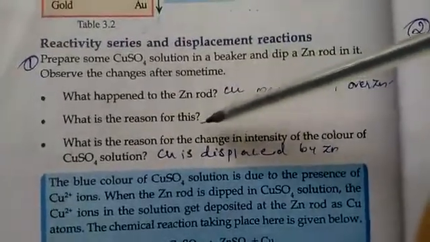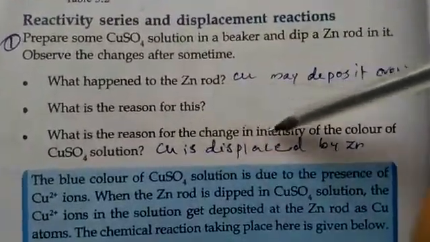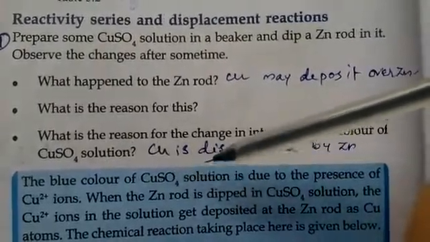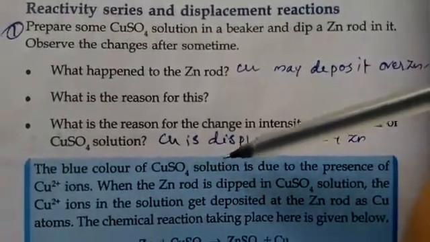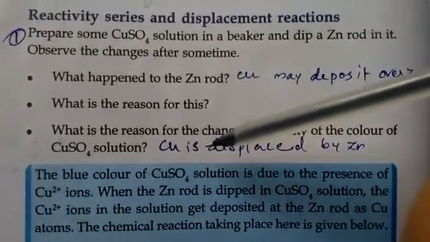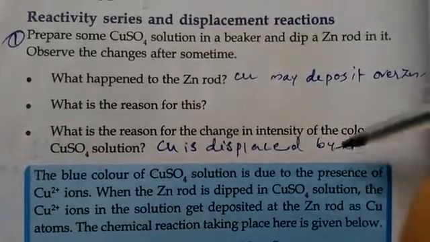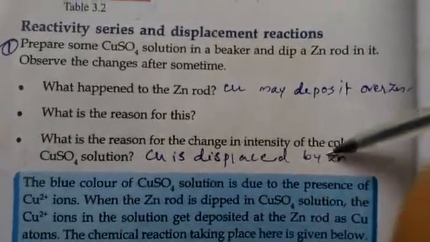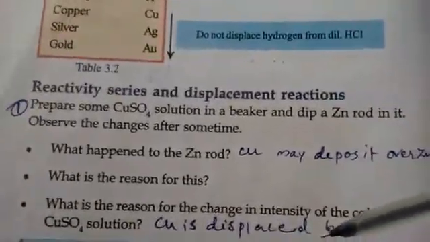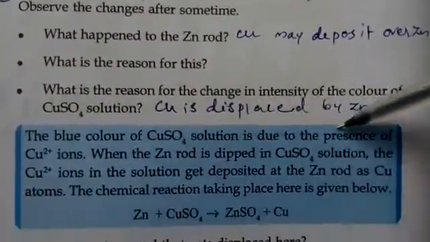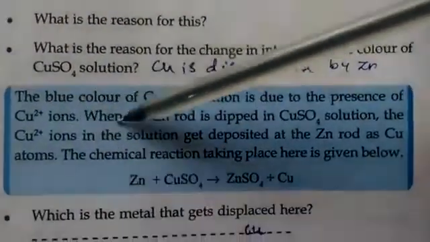What is the reason for this? The reason is the change in the intensity of the color of the copper sulfate solution. The copper sulfate color is blue. This blue color fades, because copper is displaced by zinc. The blue color of copper sulfate solution is due to the presence of Cu2+ ions.